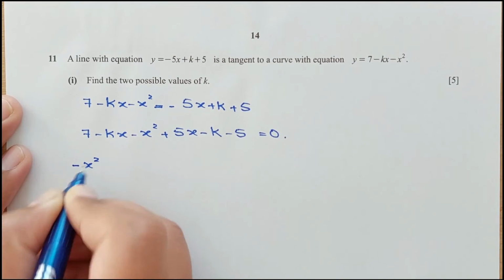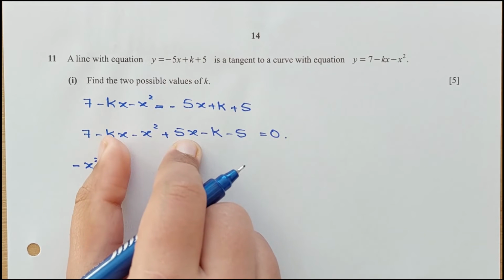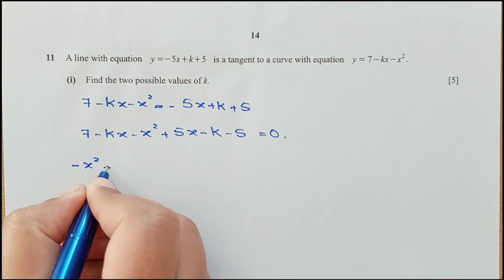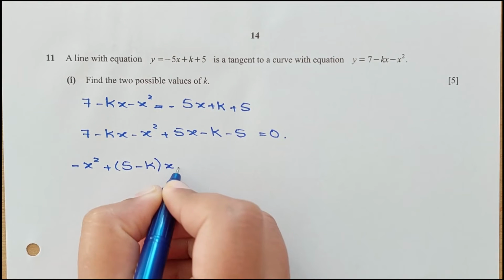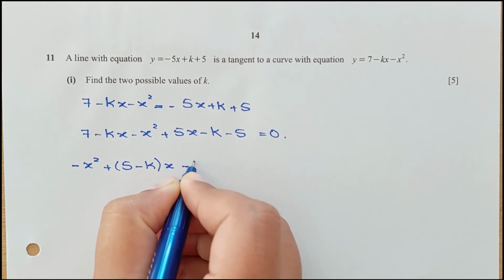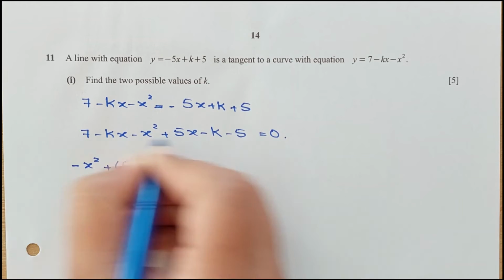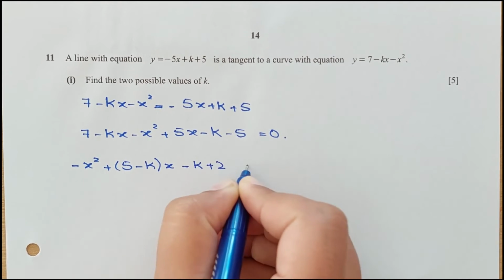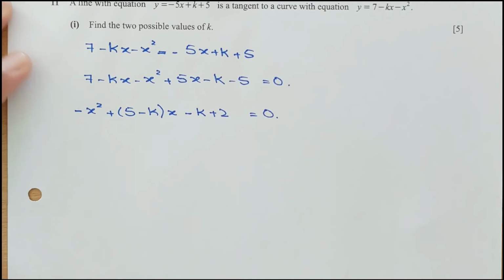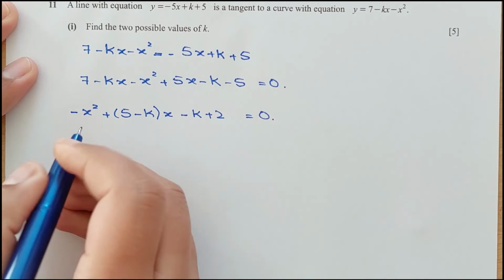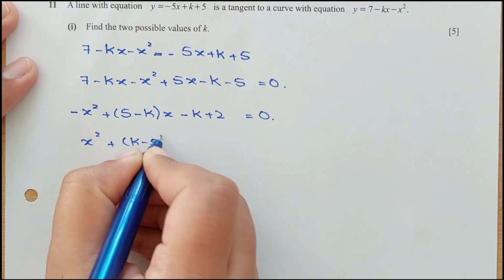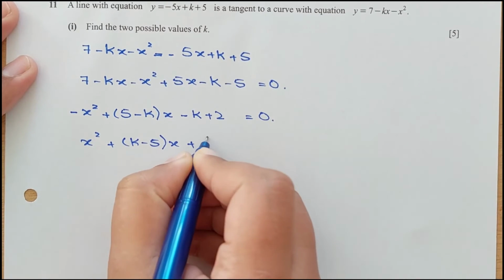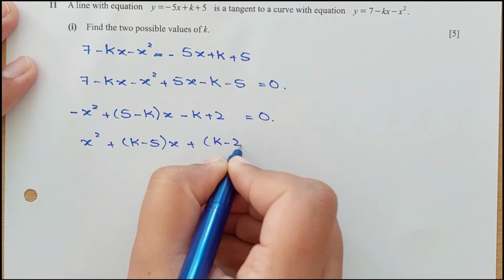So negative x squared, and the x terms are minus k and plus 5, so 5 minus k is the x terms, and the constant terms are minus k and 7 take away 5 is 2, so 2 minus k. This equals 0. Let me divide throughout by negative. So x squared plus (k minus 5) times x plus (k minus 2) equals 0.